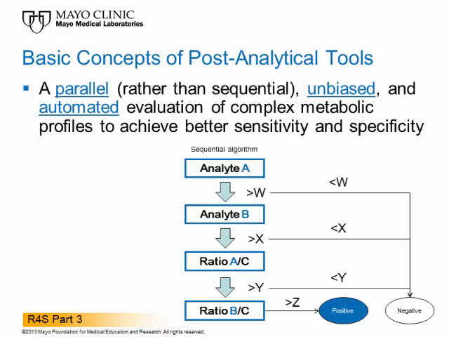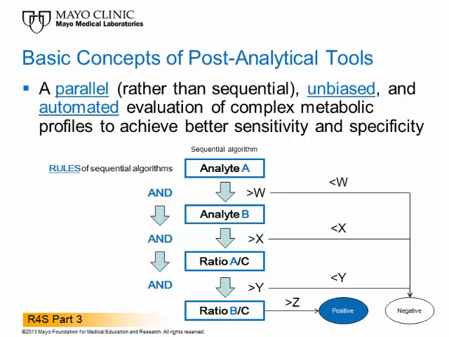Sequential algorithms are also affected by yet another source of variability, the making of rules according to the AND/OR model. In a pure AND model, each element of the algorithm must meet the definition of abnormal, and a single exception is sufficient to trigger a negative outcome, regardless of the magnitude of the other results.